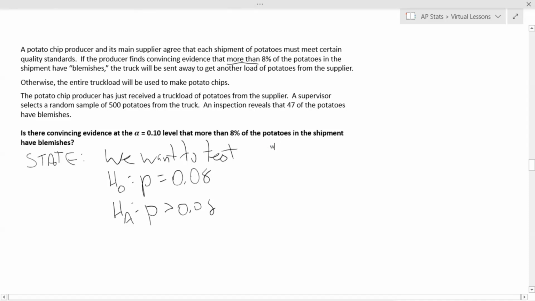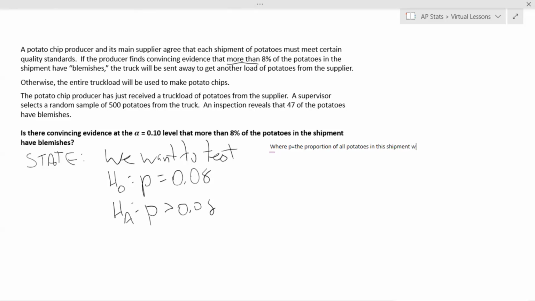All right, and then we say where p equals the proportion of all potatoes in this shipment with blemishes, using alpha equals 0.10.